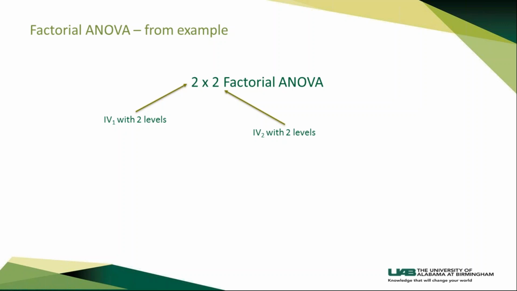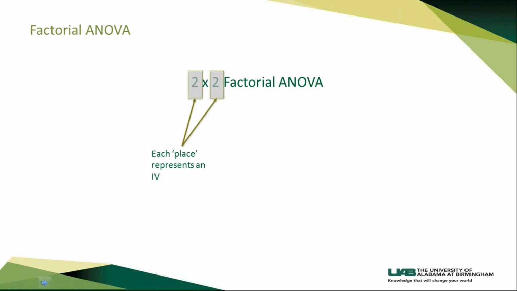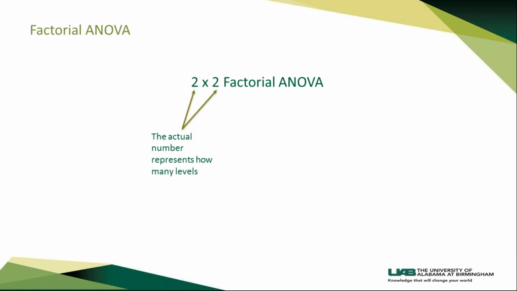There's the drug versus the placebo, two levels. Now each of the places, so basically each thing on the side of an X in this nomenclature represents an independent variable. So here we have one IV, one factor, one independent variable. Here we have the second. Now it does not matter about the order here. The actual number that you see there, though, is going to represent the levels within each independent variable or each factor.